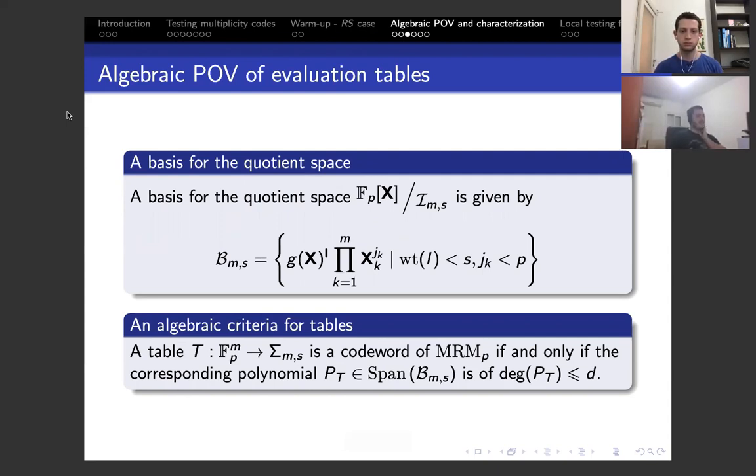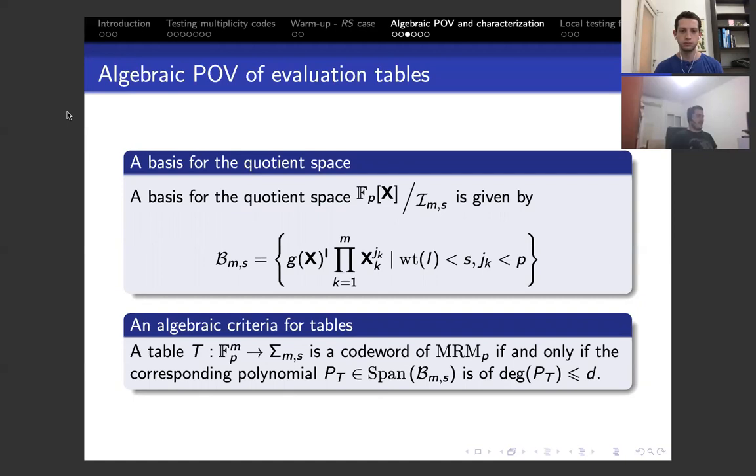And when I'm saying g(x)^I I mean g(x1)^{I1} times g(x2)^{I2} and so on. And you can actually see that all of these elements are reduced. And if you increase either the weight of I or one of the j_k, then it becomes not reduced. So this is kind of an intuition why it is a basis.